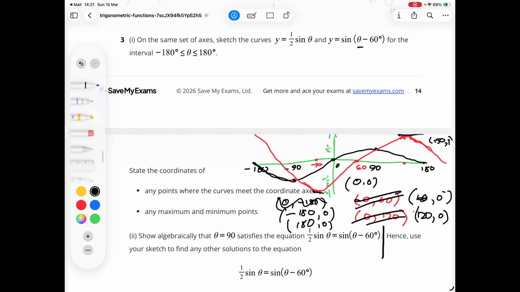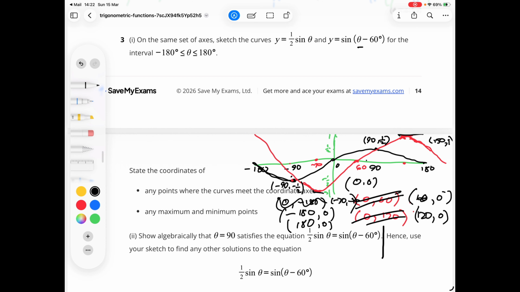And then this one would normally be minus 90, so that's minus 30, minus 1. Okay, so I've done that, and the maximum point of that is going to be 90, 0.5, and the minimum point of this is going to be minus 90, minus 1/2.